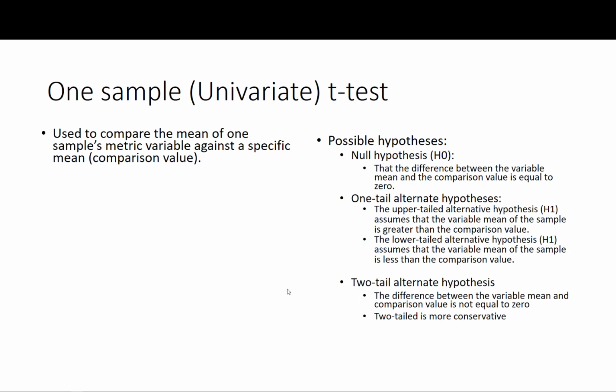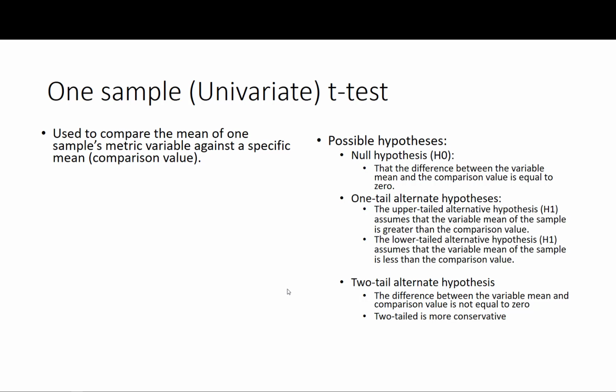So we can then track whether time to serve in the previous week is significantly above or below the yearly average. So the possible hypotheses we are dealing with here: the null hypothesis is that the difference between the variable mean and the comparison value is equal to 0.